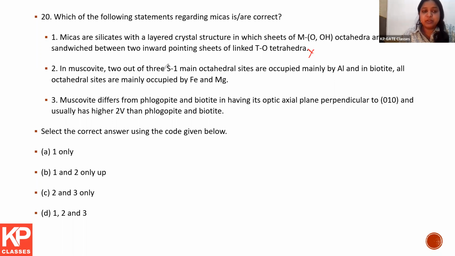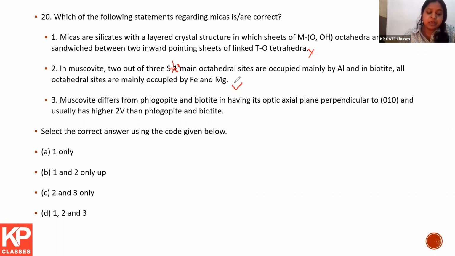Then the next one: in muscovite, 2 out of 3 octahedral sites are occupied mainly by aluminium, and in biotite, all octahedral sites are mainly occupied by iron and magnesium, which is actually a correct statement.